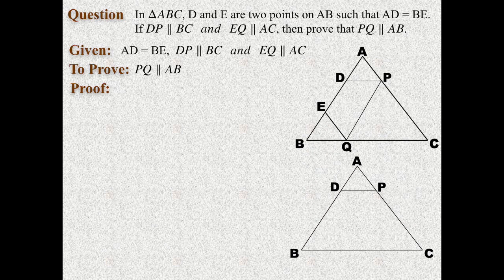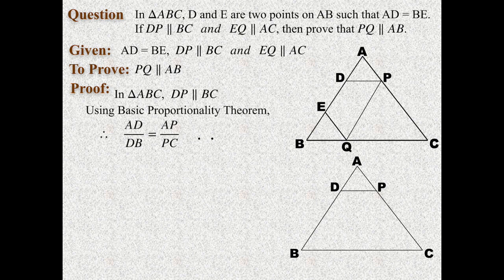If we consider the first pair of parallel line segments given, DP parallel to BC in triangle ABC, we can write AD upon DB is equal to AP upon PC using basic proportionality theorem. Let's say it as result 1.